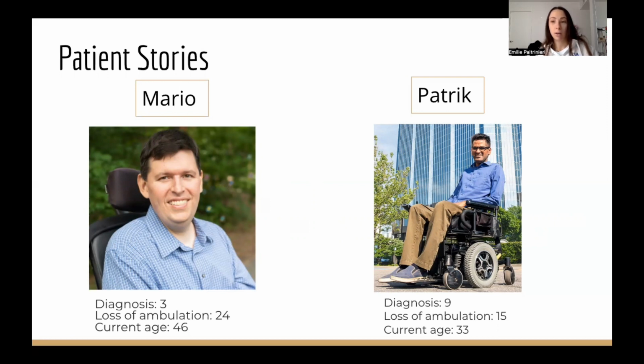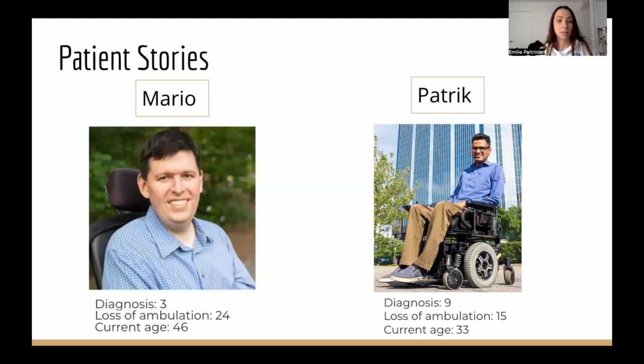He was diagnosed at the age of 3, but lost ambulation later when he was 24. On the other hand, Patrick was diagnosed later, when he was 9 years old, but he lost ambulation significantly earlier. He started using a wheelchair when he was 15.